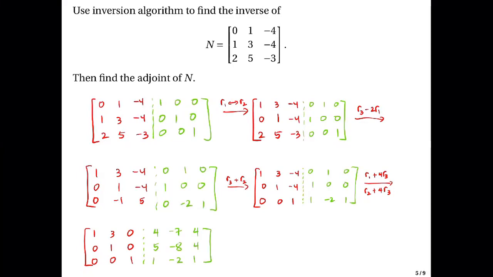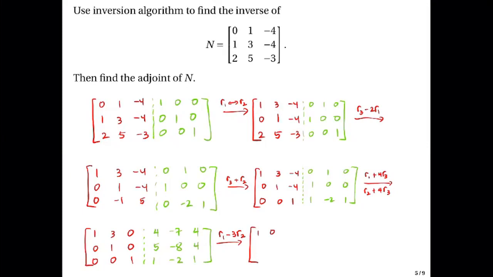Then we now go up. For this leading one, we want to make this 0. So we do row 1 minus 3 row 2. If we do that, this is 1 minus 0, that's 1. 3 minus 3 times 1, that becomes 0.